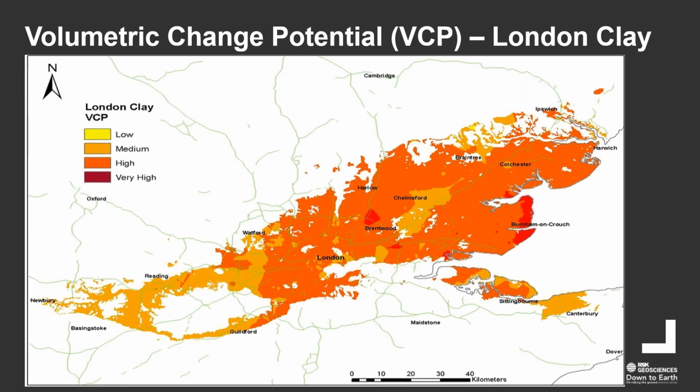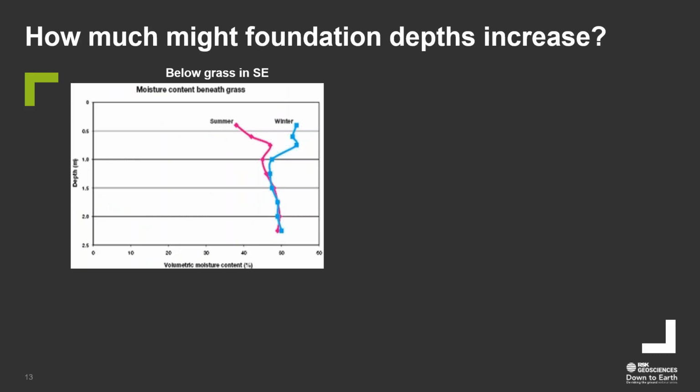Over the significant part of the central London area, we're definitely at high, but there are some fringes right to the east where we might get as high as very high shrinkability, and there are pockets, so that with a detailed investigation one can pick out the sites at risk, or likewise the sites where it doesn't need to be as deep if that's what we're looking to do. So I think understanding that is important.